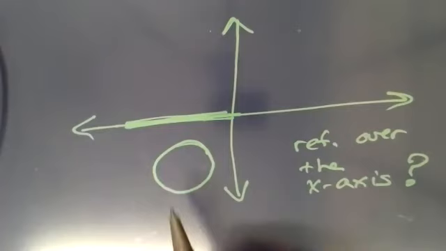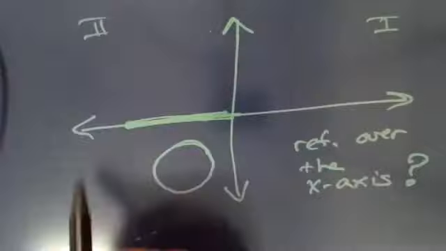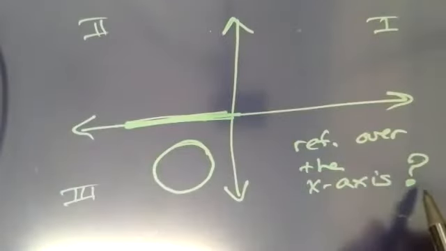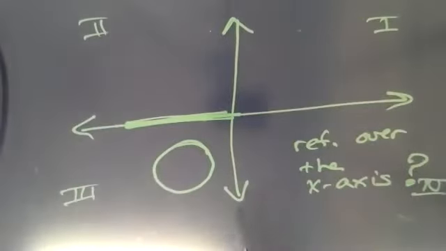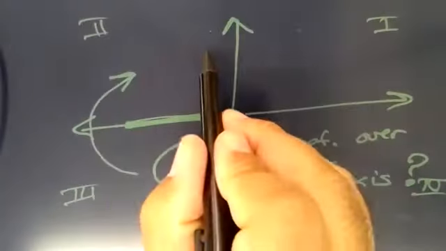Quadrant 3. In which quadrant would the circle fall in? Not on one. One is over here. This is 2, 3, and 4. There you go. It'll fall on quadrant 2. It'll go over here.